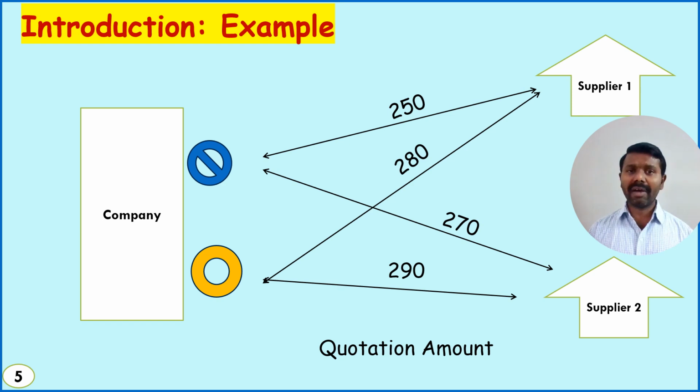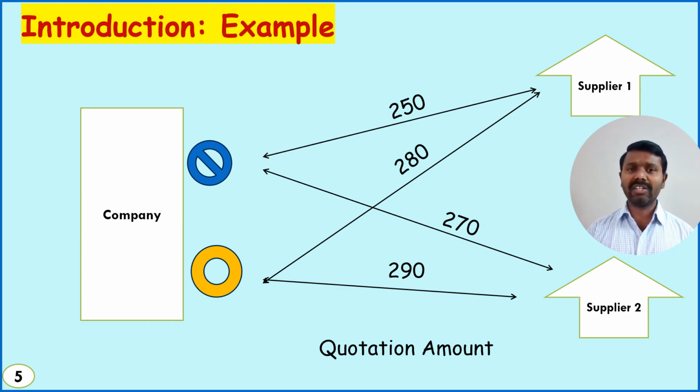Now if you compare the cost, both the products are cheaper at supplier 1 and both the products are costlier from supplier 2. In that case, you will be purchasing both products from supplier 1 in order to minimize the cost. Now if I put a condition to purchase one product from one supplier, then how will you select the suppliers?